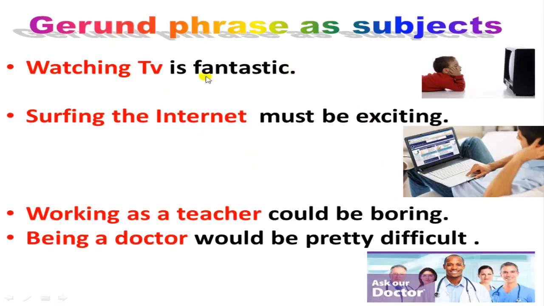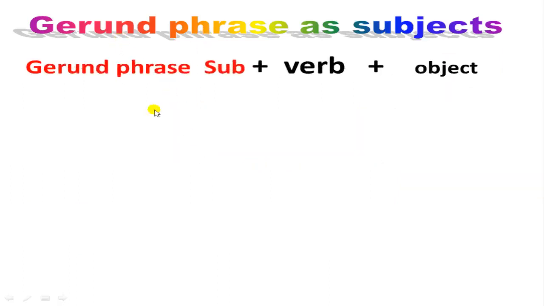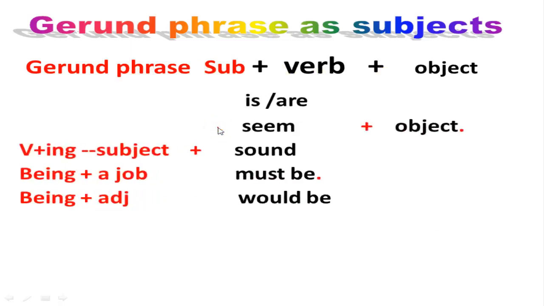So this is gerund phrase. So here you can have gerund phrase, subject, verb plus object. Gerund phrase, a subject. Verb plus ing. This is subject plus a noun.